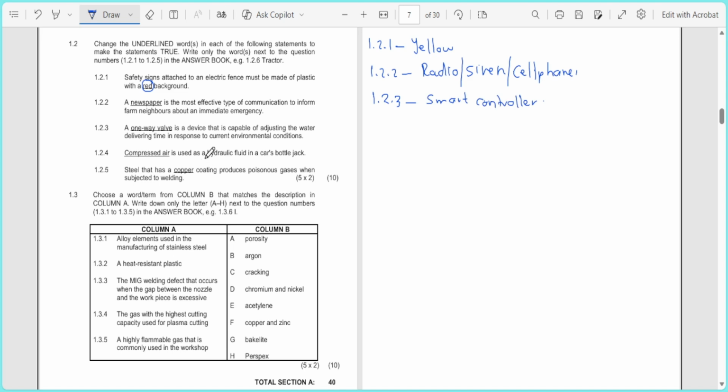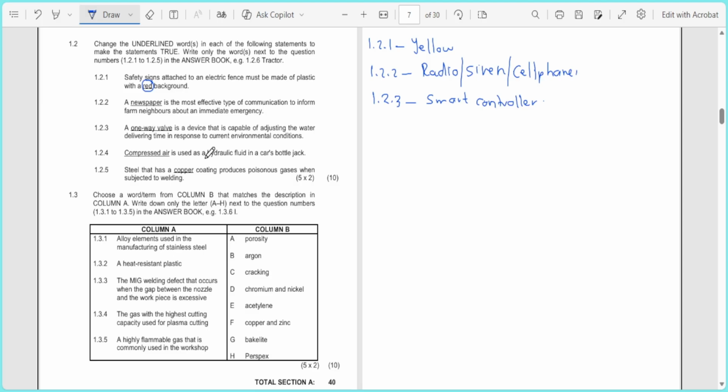Okay, so a smart controller, I think it's going to be a device that is more capable of adjusting the water delivering time in response to the current environmental conditions, right? You know what?